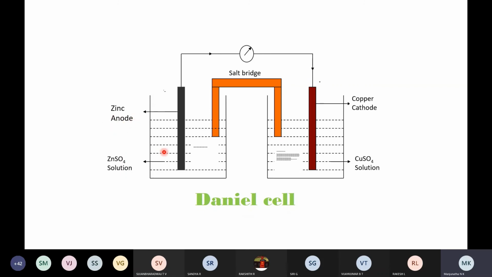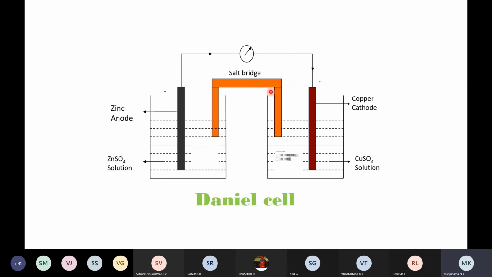Anode means an electrode where the oxidation reaction takes place. Once the electron is liberated in the left hand side container due to the oxidation reaction of zinc, that liberated electron moves towards the other container through the salt bridge.